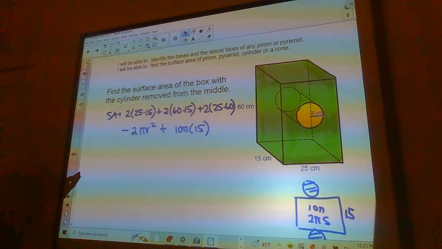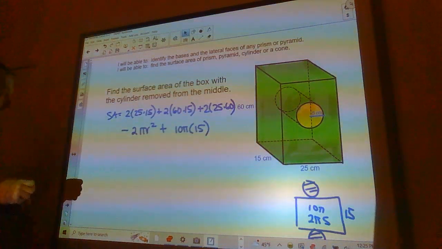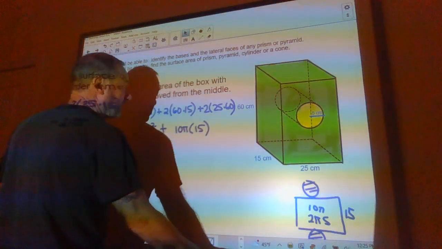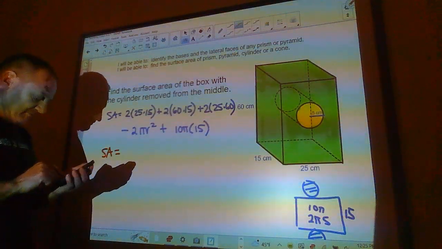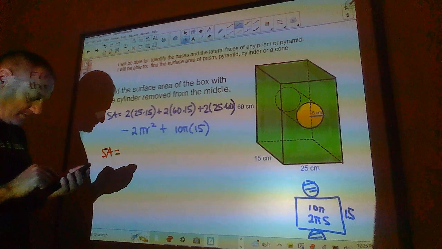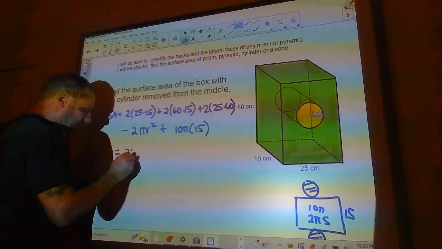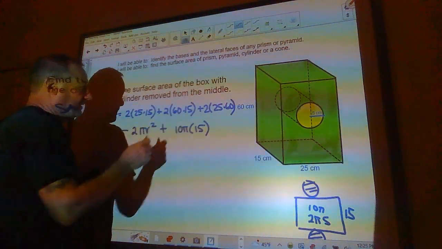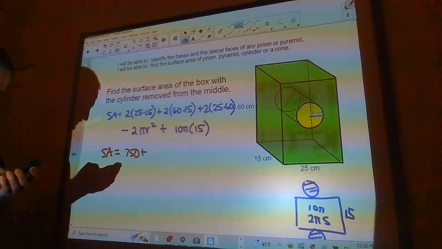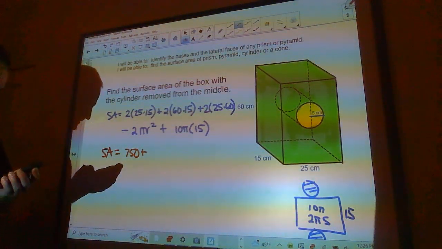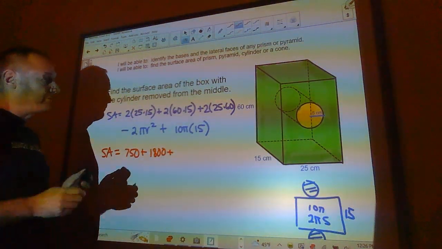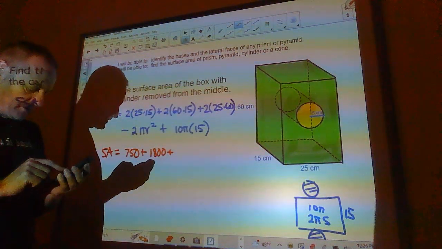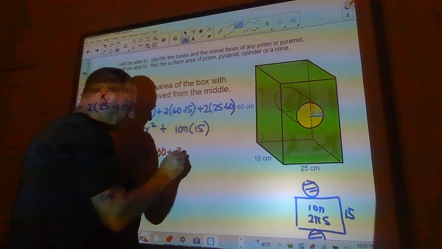Okay, so I get out my calculator and I'm going to start out, let's get a different color here. 25 times 15 times 2, 750, plus 60 times 15 times 2, it's 1,800. Plus 25 times 60 times 2. That's 3,000.